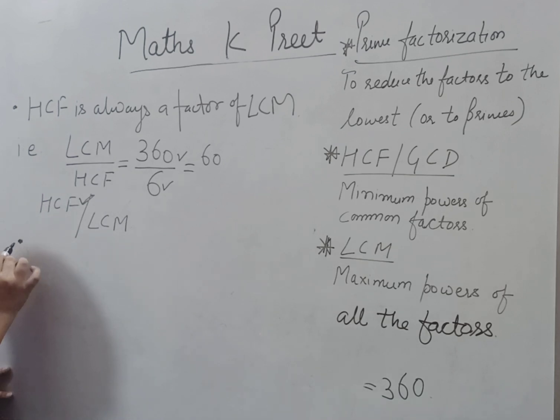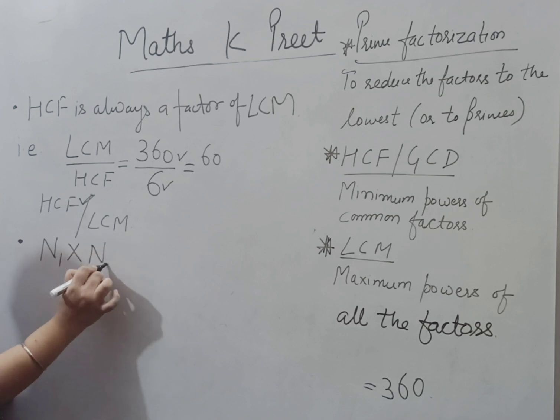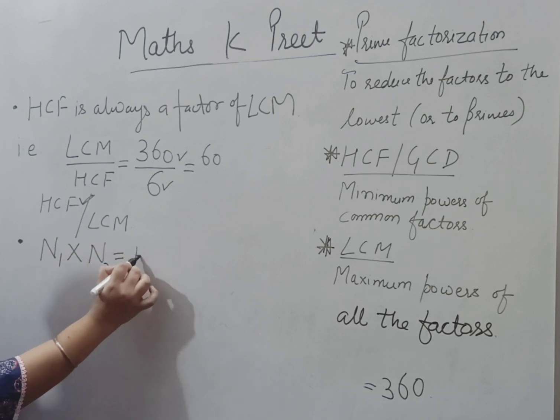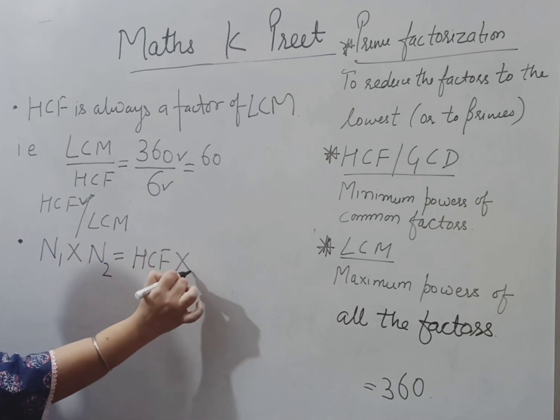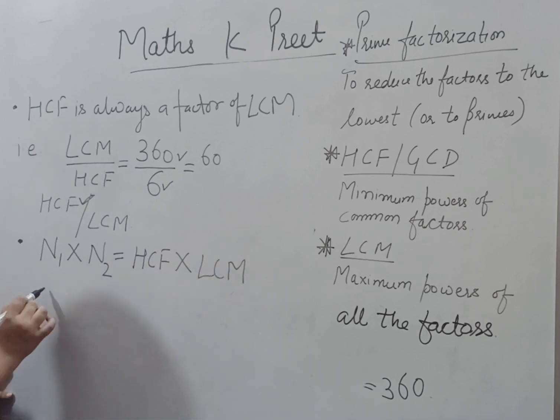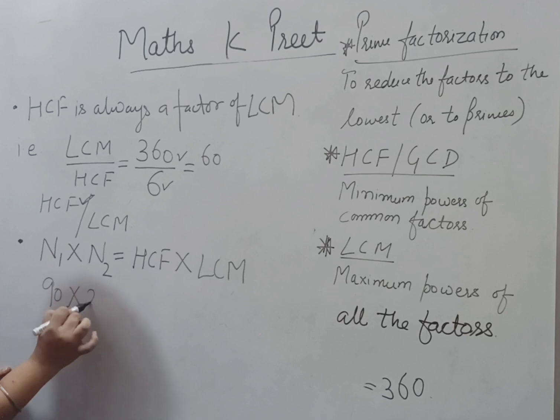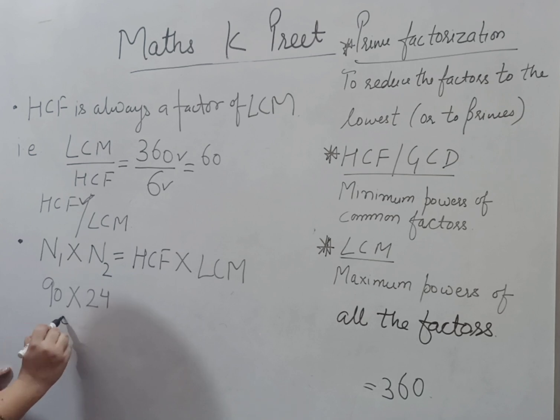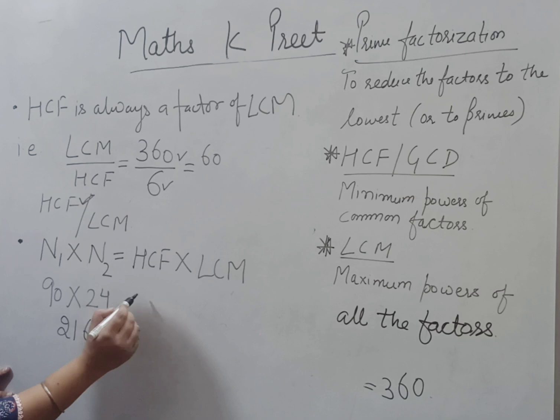Now the second result: whenever we are checking the LCM or HCF of two numbers, the multiplication of those two numbers will be equal to the multiplication of their HCF and LCM. Our numbers were 90 and 24. On multiplication of these two numbers, we get 2160. Let's check the right hand side.